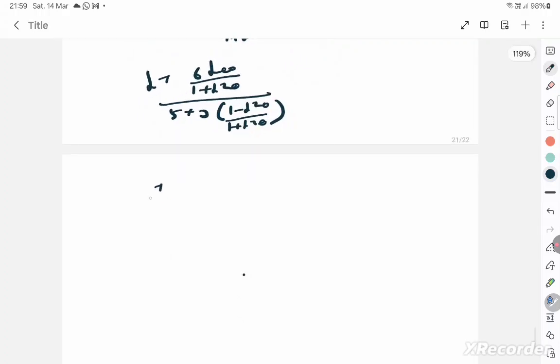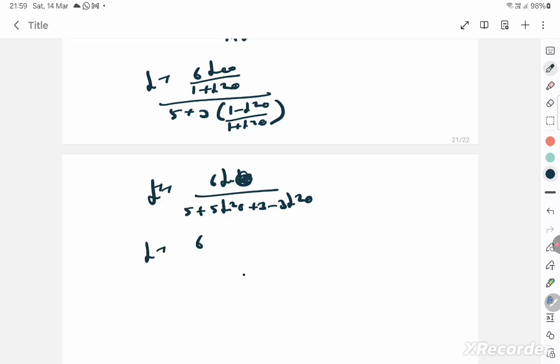And then let's solve this. When you take LCM, tan inverse of 6 tan theta by 1 plus tan square theta will get cancelled. 5 plus 5 tan square theta plus 3 minus 3 tan square theta, where it will become tan inverse of 6 tan theta by 5 plus 3 is 8, plus 2 tan square theta is all you get.